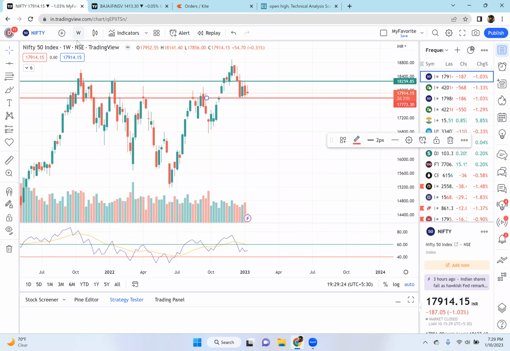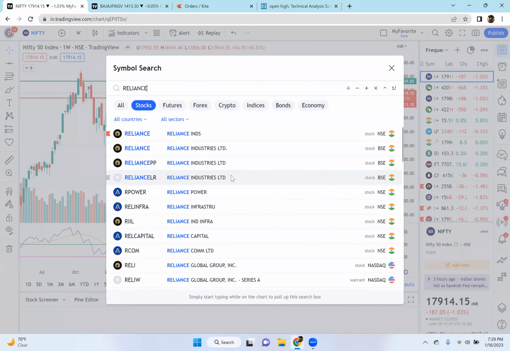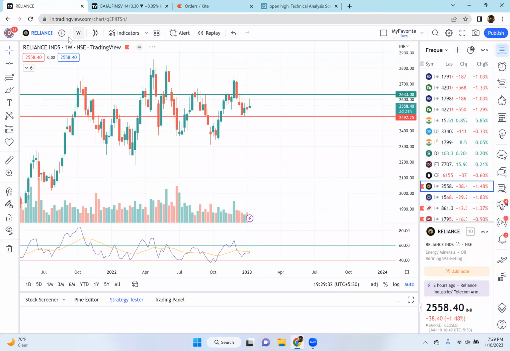It happens on, as you can see, let me show you Reliance also, for example. Now, who will look at the weekly? A real long-term trader. If I look at Reliance, I think I've already marked it.